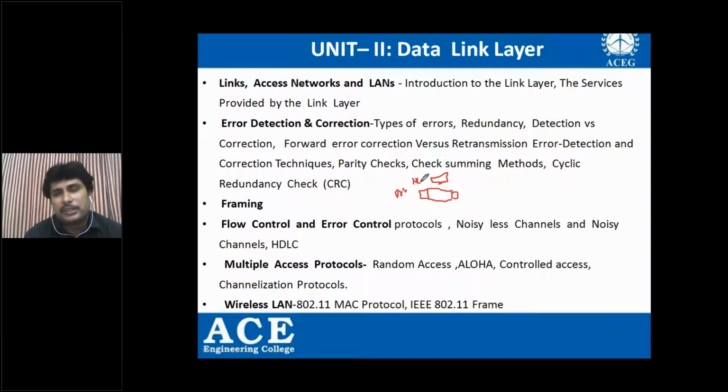Now, there is a small thing to be remembered. Between the sender and the receiver, we are trying to use a channel through which the data is transmitted. This is a sender, and this is my receiver.